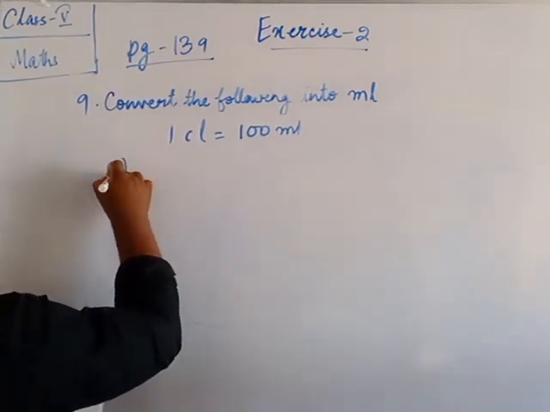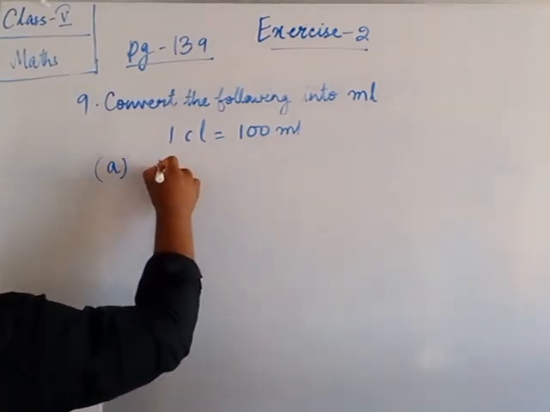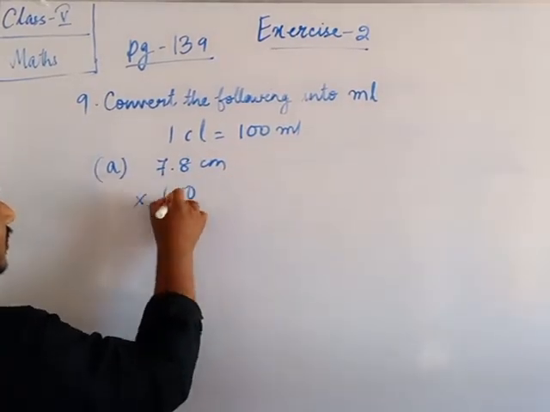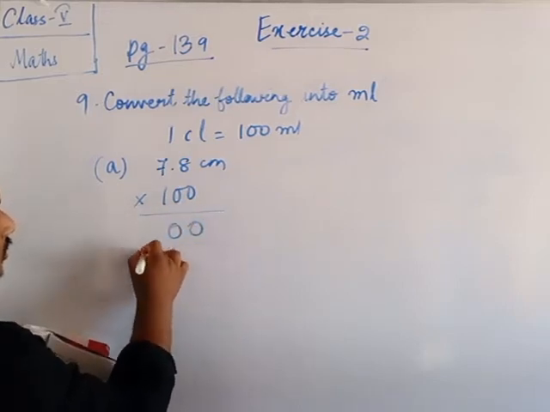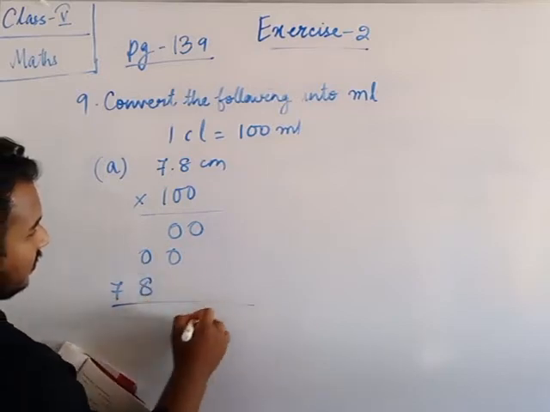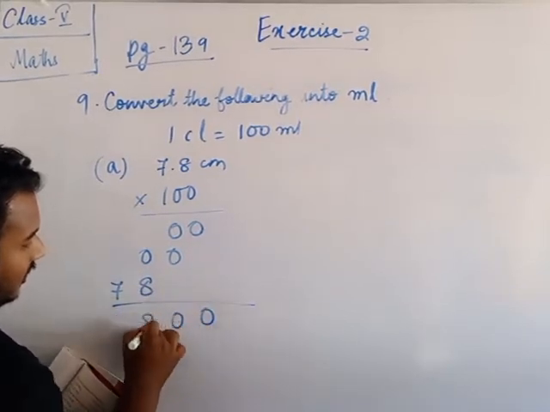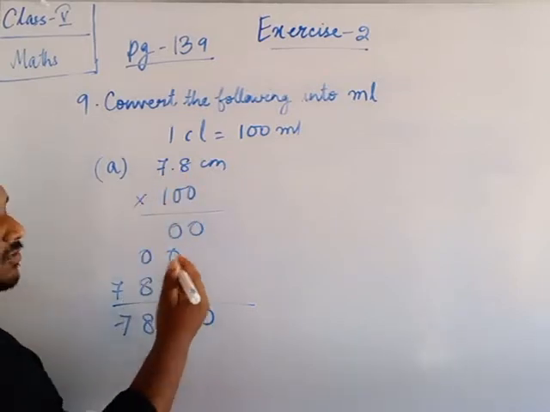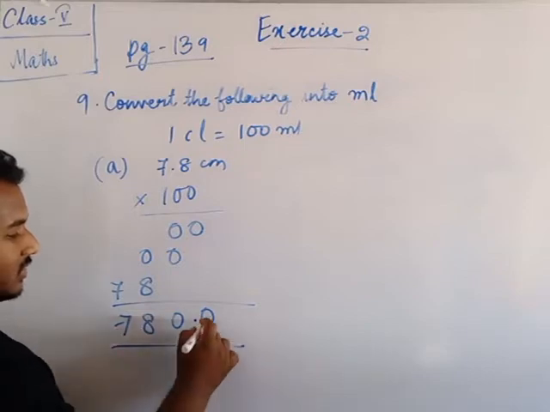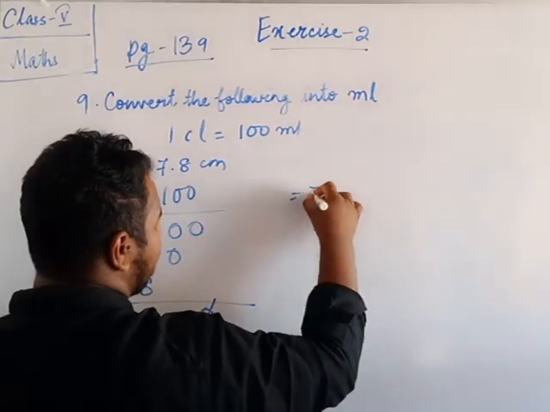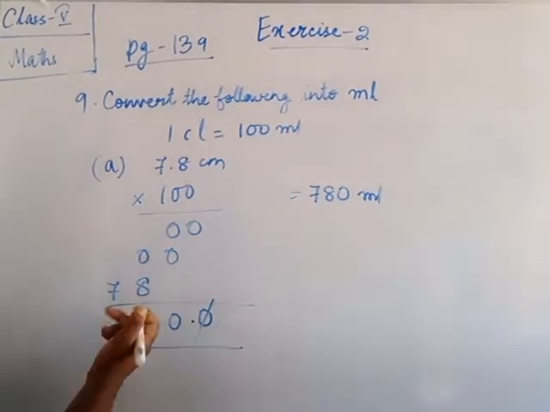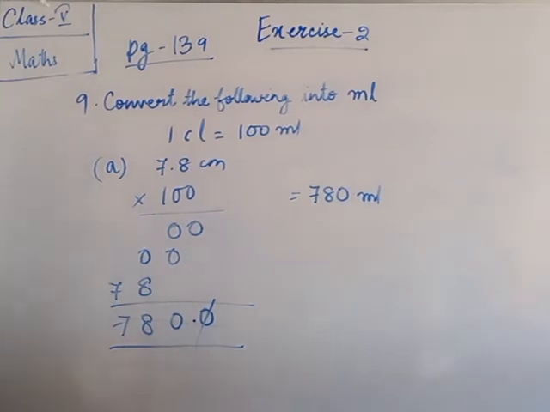A number you see, 7.8 centiliter. Very simple. Multiply with 100. 0 0 0 0. 1 8 is 8. 1 7 is 7. 0 0 8 7. Now after point, 1 digit from right side you have to start. After 1 digit you have to put point. This is your answer. Cut that 0. Now you will get 780 milliliter. Answer will be in this. That is your solution. Clear all of you?